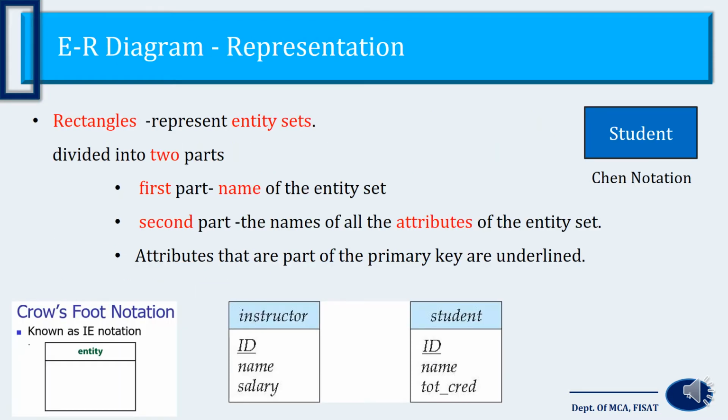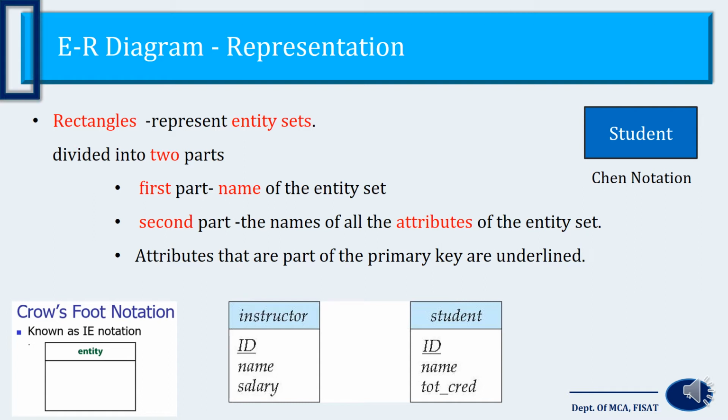So this entity set can be represented using rectangles in the Chen notation, and in the crow's foot notation also we are using rectangles, but in the crow's foot notation, also known as IE notation, the rectangle is divided into two parts.